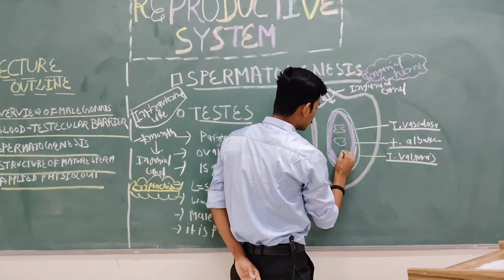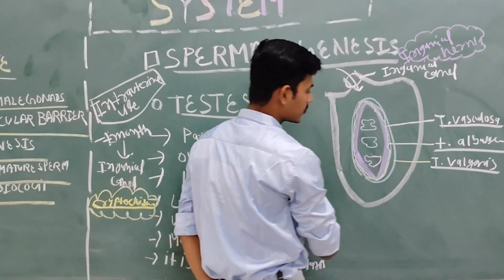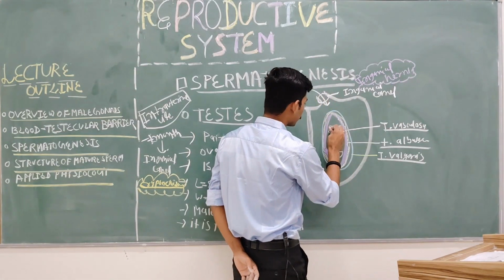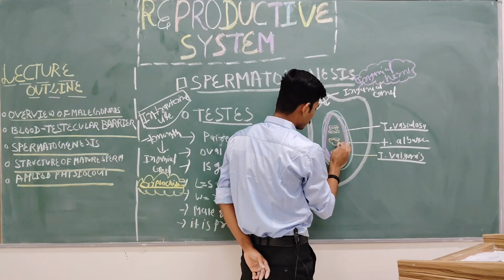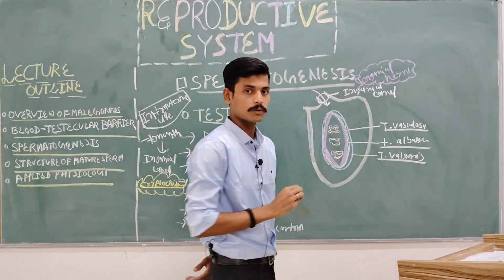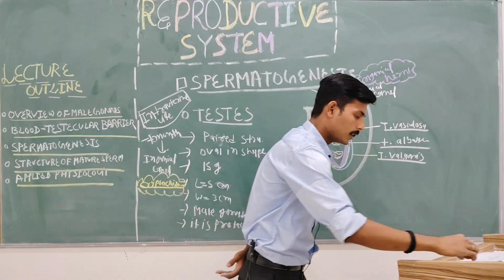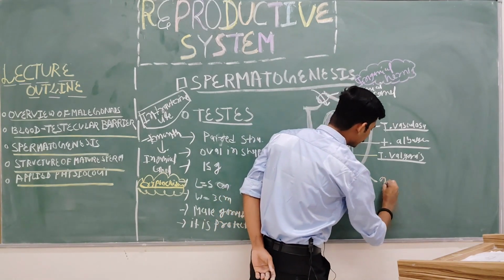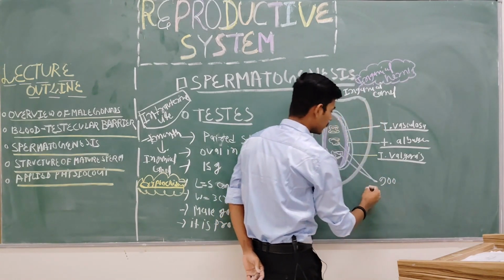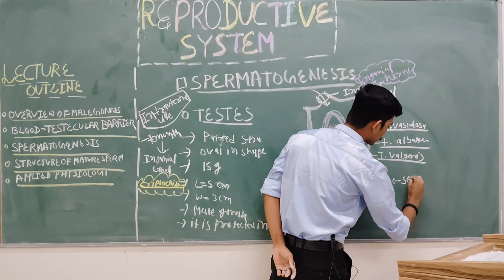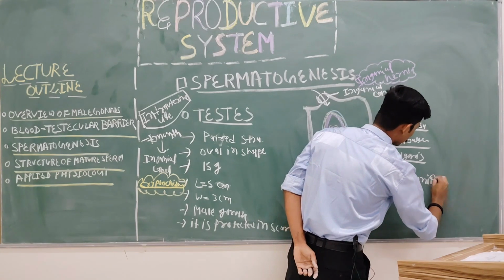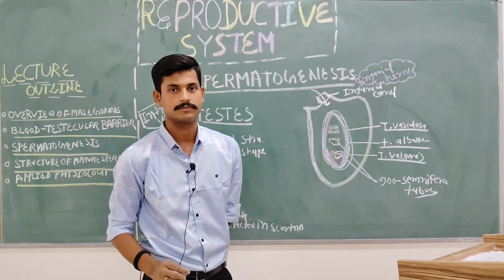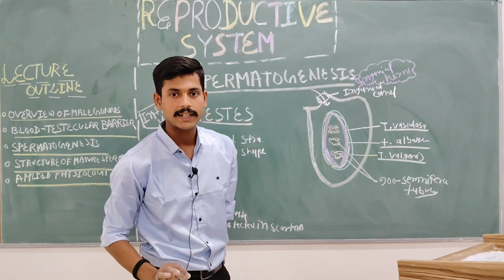Very good, it's your seminiferous tubules. Now just remember their number. The seminiferous tubules are approximately 900 in number.